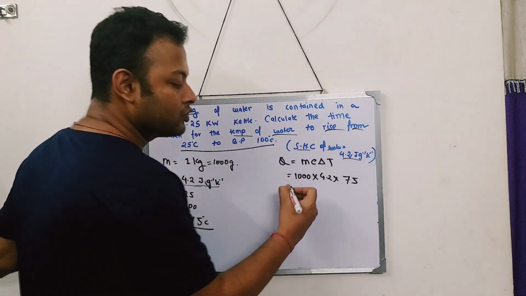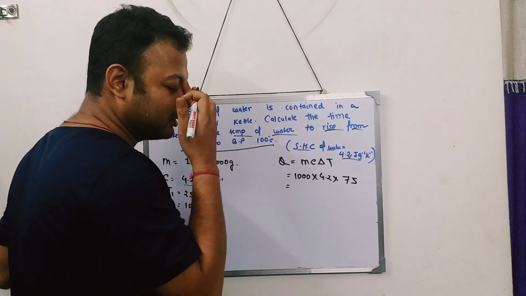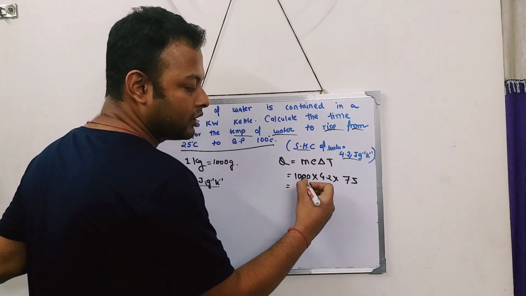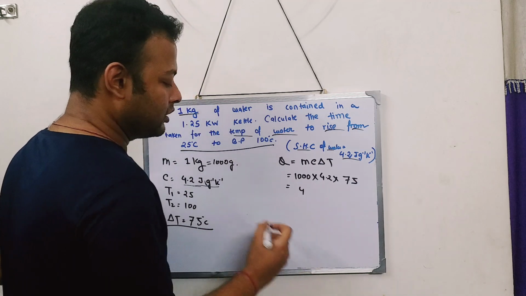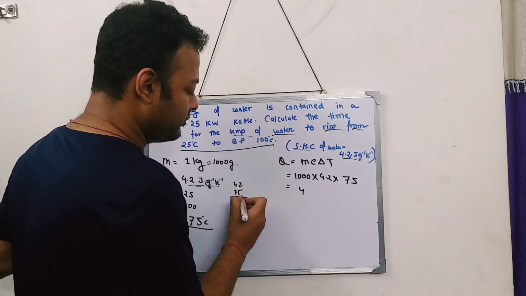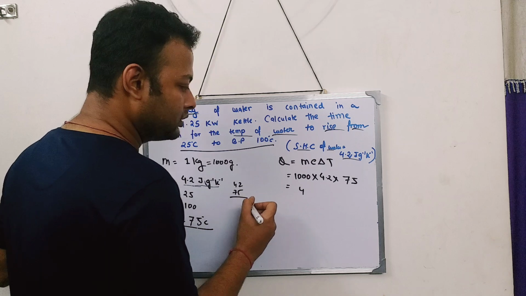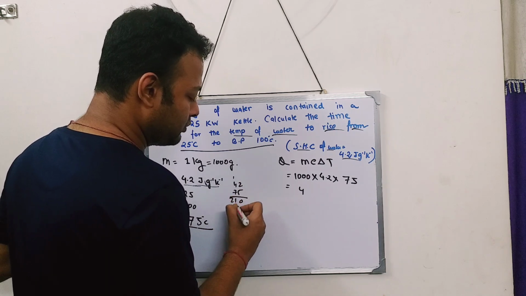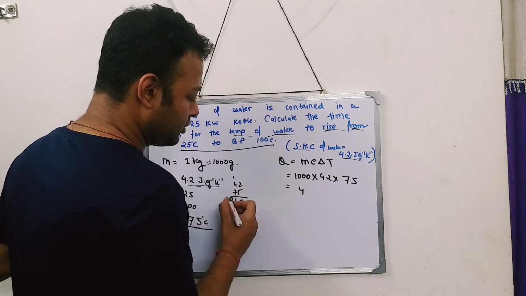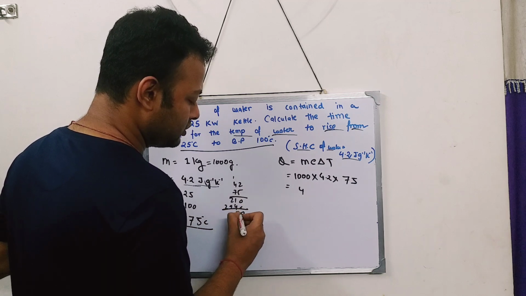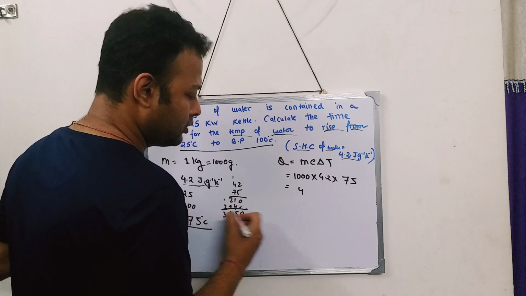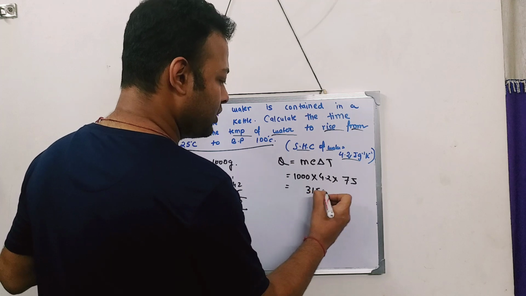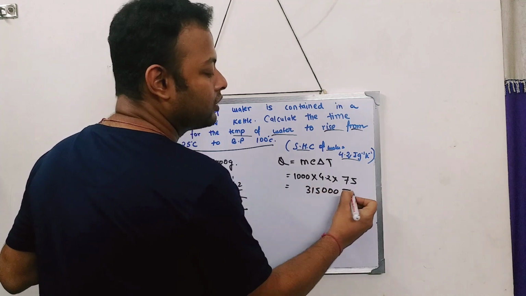Now if you happen to solve it, 42 into 75, if I multiply, how much does it come to? 3150, so it will come 315000.